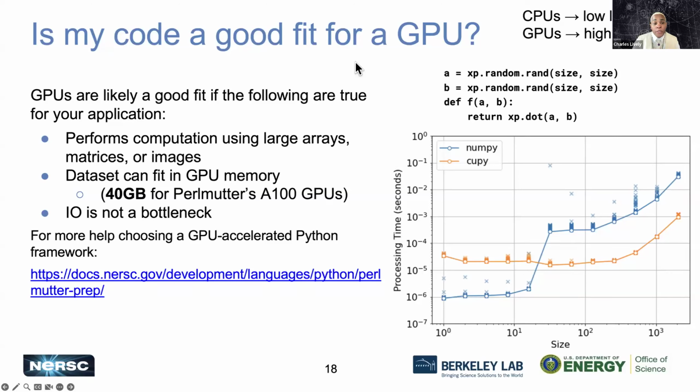Also, it's important to note we do have higher memory, 80 gigabyte GPU nodes available on Perlmutter that you can request through reservation as well.